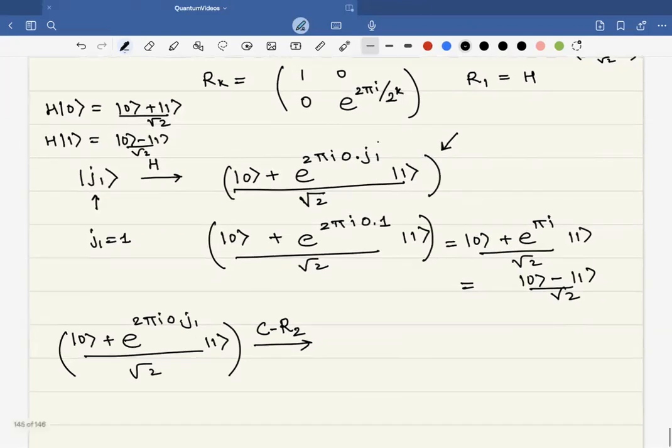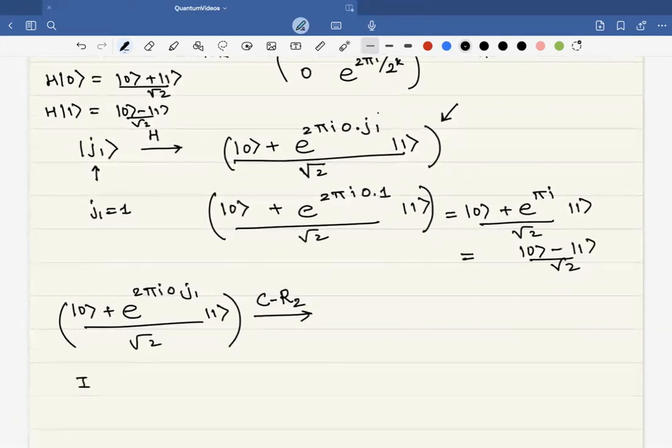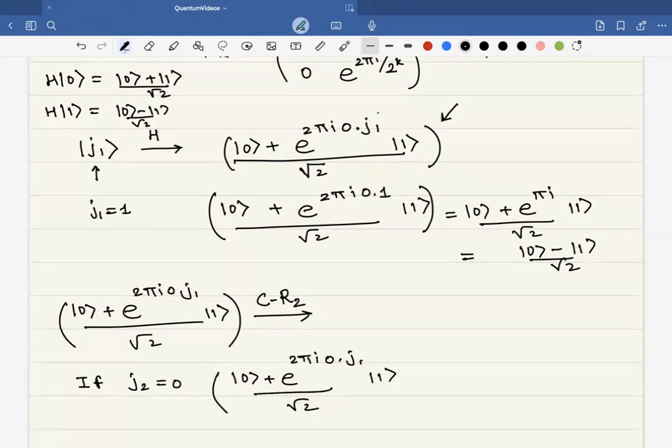Well, if J2 was equal to 0, then the control gate does not get applied, so nothing happens. So we get ket 0 plus e to the 2 pi I 0.j1 ket 1 over square root of 2. So nothing really changes, right? And since J2 is 0, I can write this as J2.